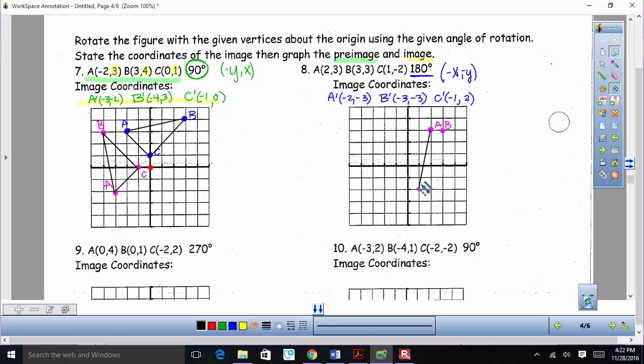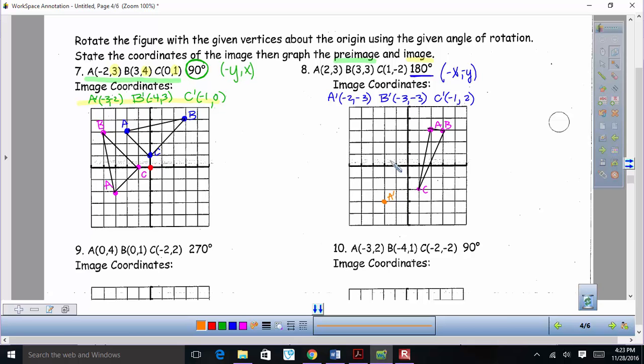Okay, and then we're going to connect all of those. Now we're going to graph our image. So -2, -3 is A prime.